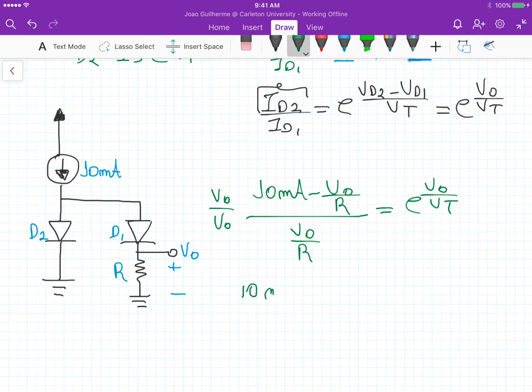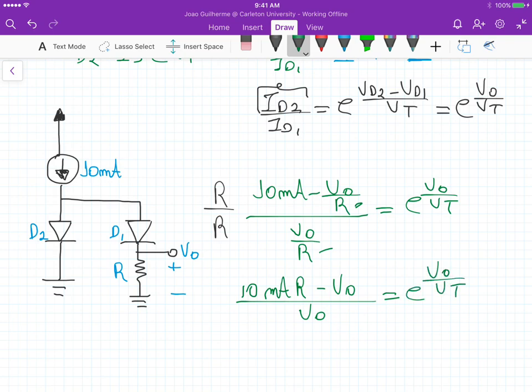If we multiply the numerator and denominator by R, we get rid of the R here and there. So it's 10 milliamps times R minus V0, divided by V0, equal to exponential of V0 divided by VT.